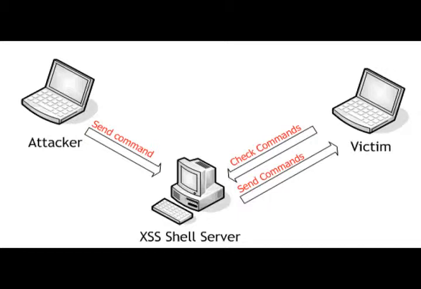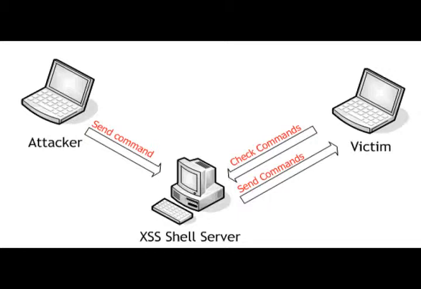And you do this with a cross-site scripting attack. It can either be a persistent one or a non-persistent one. And if you need more information on cross-site scripting attacks, I suggest watching our 13th episode. And when a victim views the page that's infected, the attacker will gain control of the victim's browser and will be able to send commands to the victim.